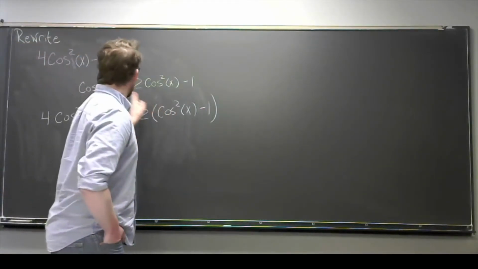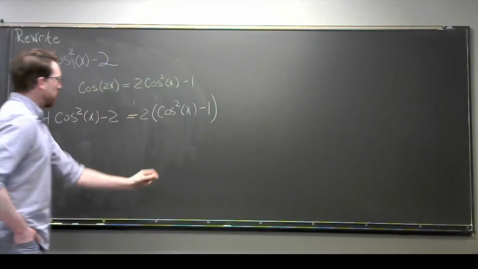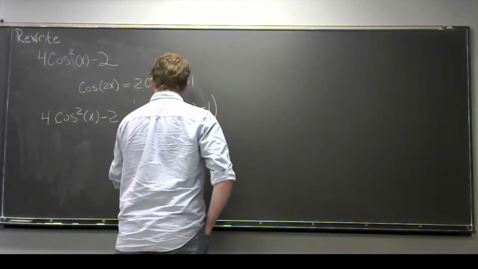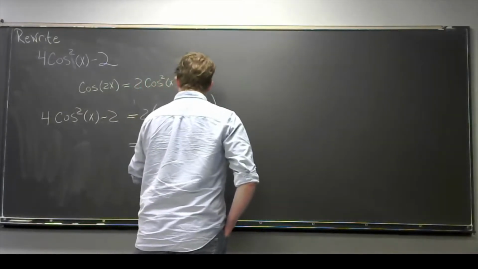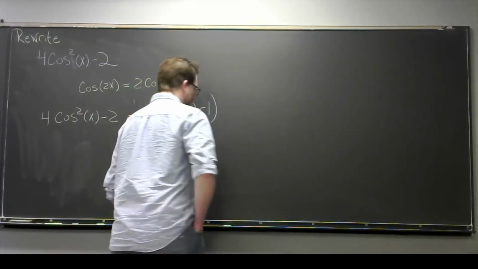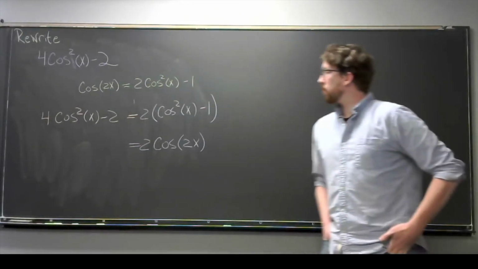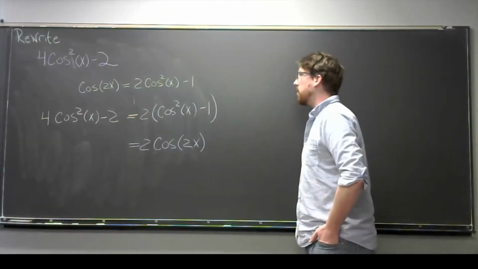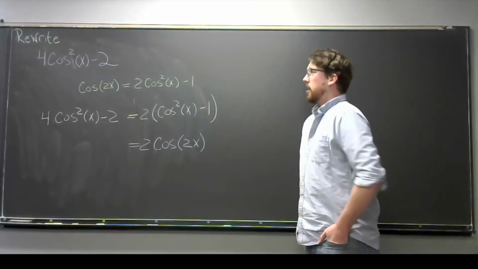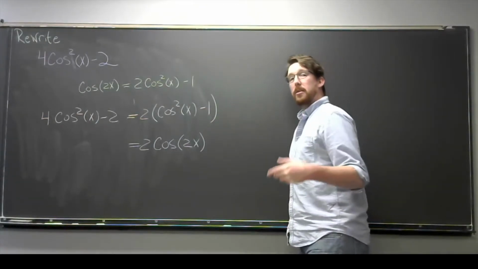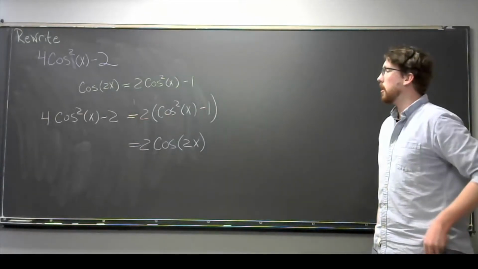Plugging in now this formula, we get 2 times cosine of 2x. Pretty straightforward, really. Everything we're going to be doing is just rewriting things based on the formulas we're given, the formulas that we have and we know.